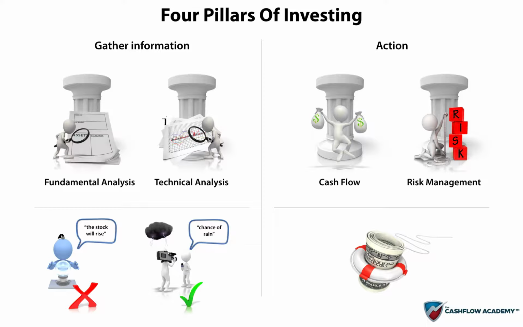So what we're going to do now is we're getting ready to move from the information gathering side to the action side and the risk management side and the cash flow side. Before we move into cash flow, we want to start putting all these things together so we can develop what we call a market opinion or a stock opinion.